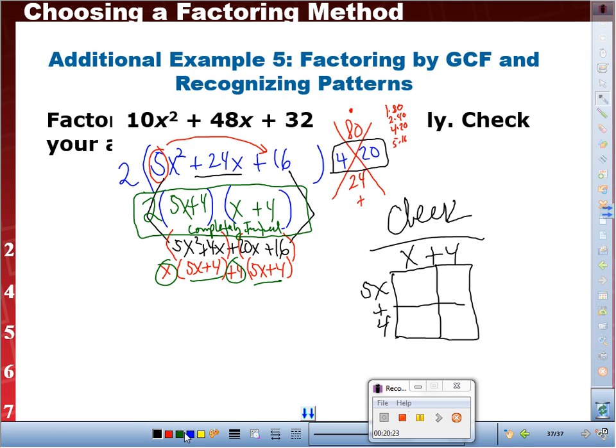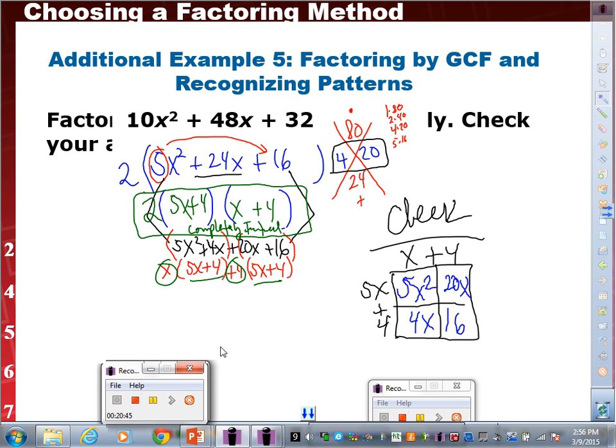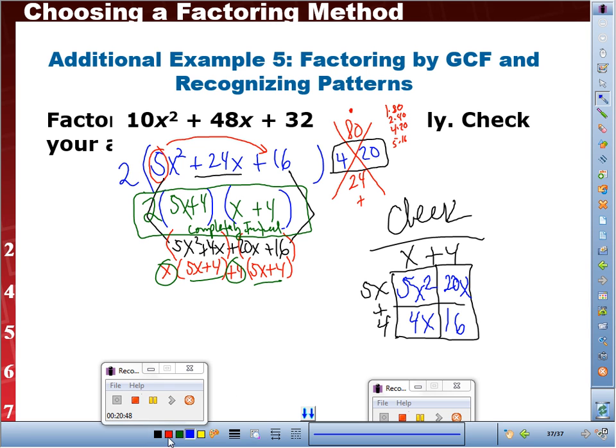So let's see. 5x times x, that's 5x squared. 5x times 4, that's 20x. 4 times x, that's 4x. And 4 times 4, that's 16. So let's see what we got. Don't forget the peanut. Here it goes. First term is 5x squared.